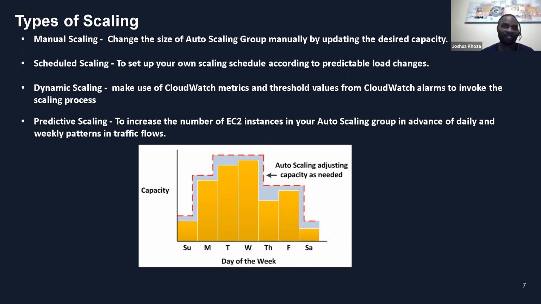And then predictive scaling, I actually had to put this picture here, for instance. Predictive scaling goes back in time to look at the history of what was happening previously. Based on that, it would say, let's say on a Sunday, it was not that bad, so it's going to increase and leave it at that minimum. And if you look at Wednesday, for instance, it had the highest number of EC2 capacity that was required.